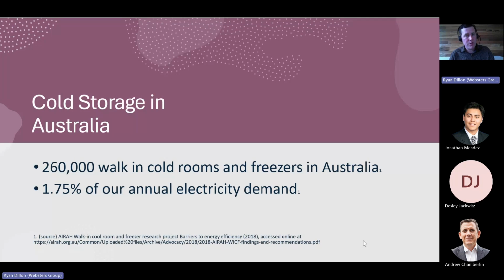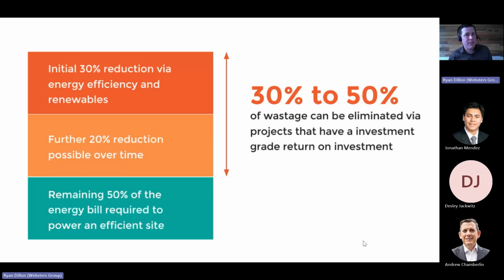Now, there's around 260,000 walk-in cold rooms and freezers in Australia, and that's equivalent to around 4,800 gigawatt hours of electricity use, which corresponds to about 1.75% of Australia's annual electricity demand. And quite often that demand's quite wasteful, where, as demonstrated through these audits, where there's been sufficient rigor through data logging and monitoring and measuring, we've seen upwards of 30% reduction in sites with cold rooms through energy efficiency and renewable energy.